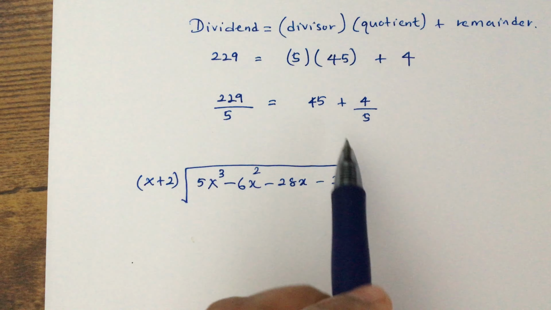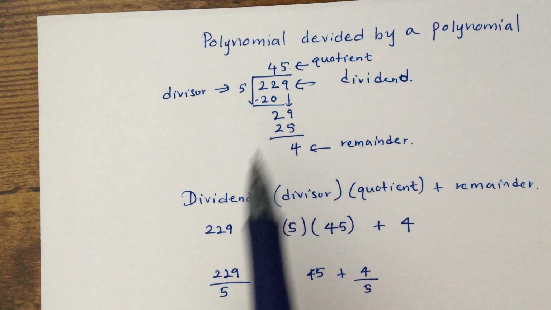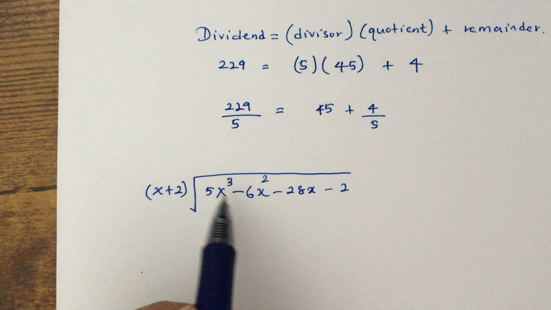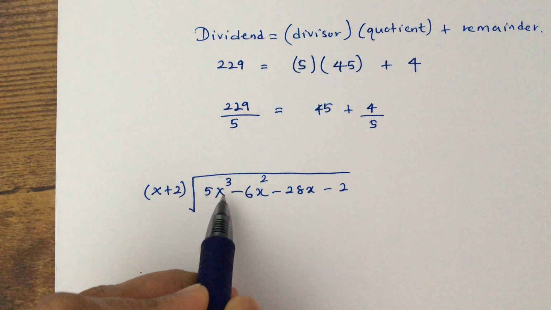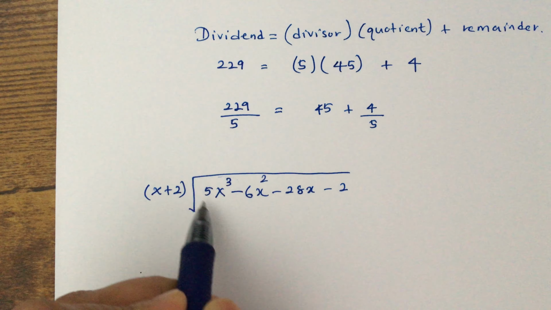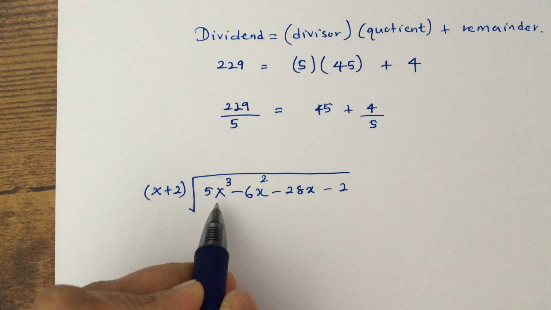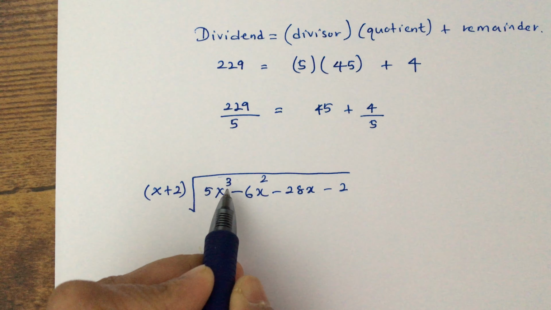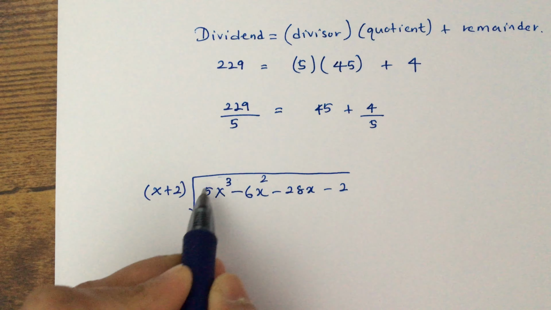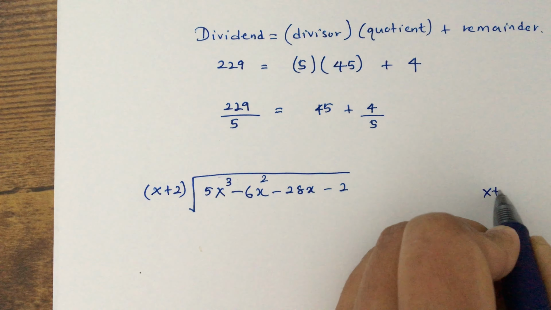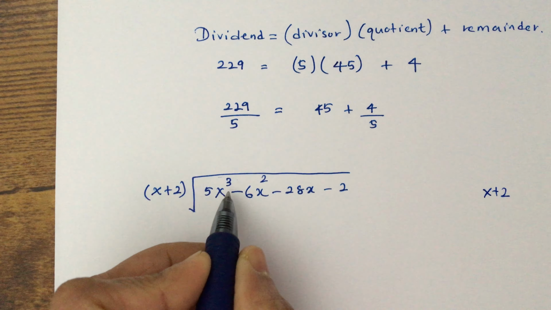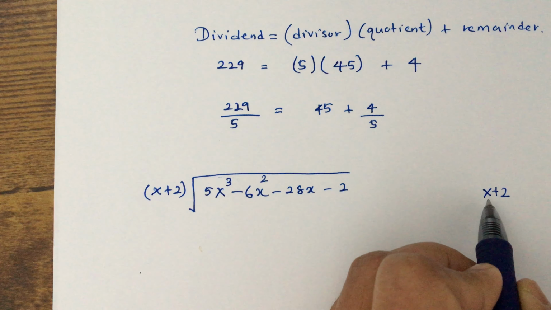As you do in the long division, first you look at the first term here. So this is the leading term. As you can see, the highest power is 3, right? So this is the leading coefficient. So let's look at this, 5 times x cubed. Then how do we make this one using this one? So we have x plus 2, but we need 5x cubed. So we have 1x over here.